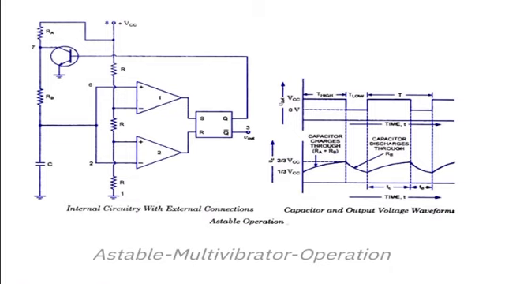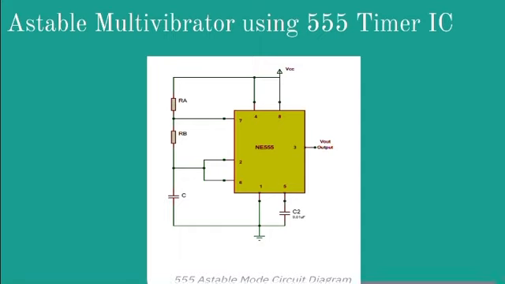To explain the 555 timer astable multivibrator, here we have an internal circuit diagram of the 555 IC consisting of two operational amplifiers, an SR flip-flop, and a transistor connected to the discharging terminal, pin 7, along with the necessary external connections RA, RB, and C. Here the RA, RB and C waveforms from the output terminal V0 at pin 3 are shown.